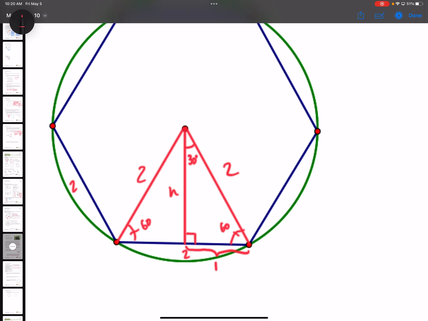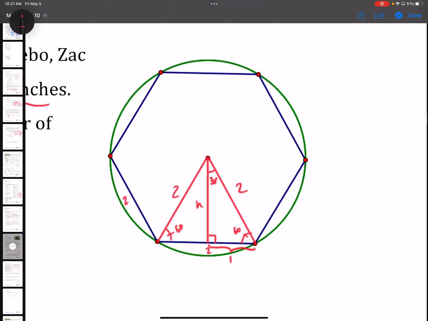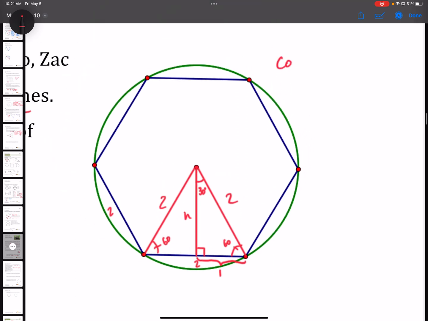You can do cosine of 30. Yeah, cosine of 30. Very nice. And then you would have h over 2, equals h, which is the adjacent side, over 2, which is the hypotenuse. Adjacent over hypotenuse.